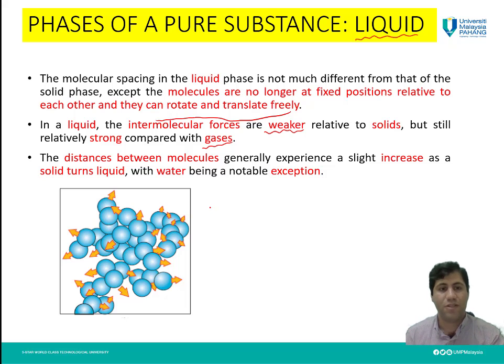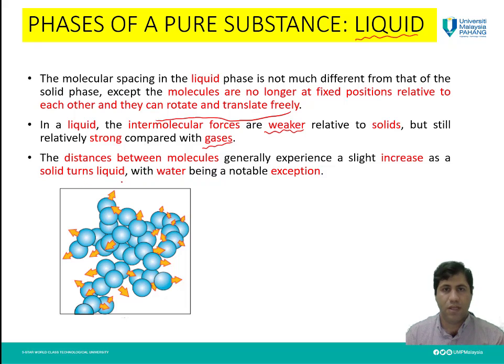Then it starts melting, and melting means change from solid phase to liquid phase. However, the phase is changed, but still there will be a fixed space between the molecules. But this fixed space for the liquid phase is a little bigger than the space which we have for the solid phase.